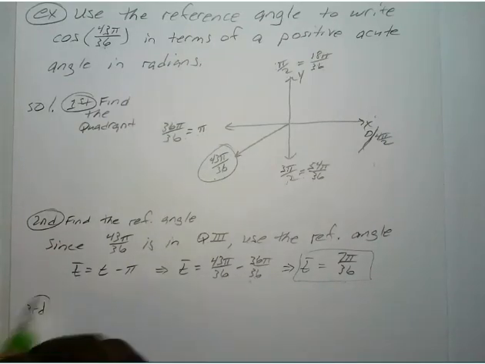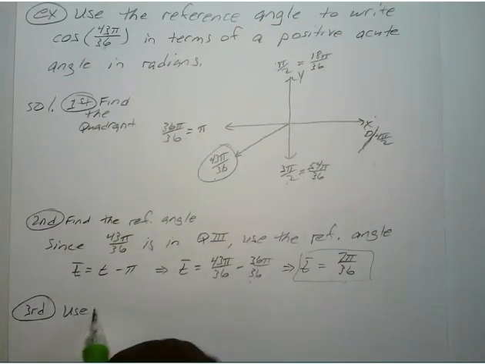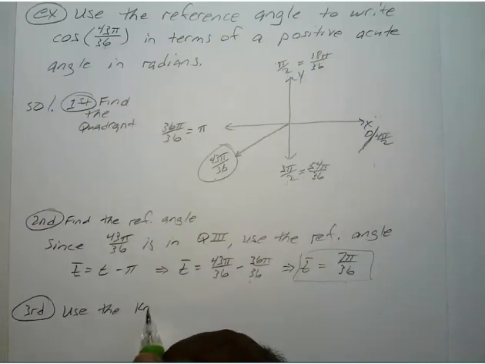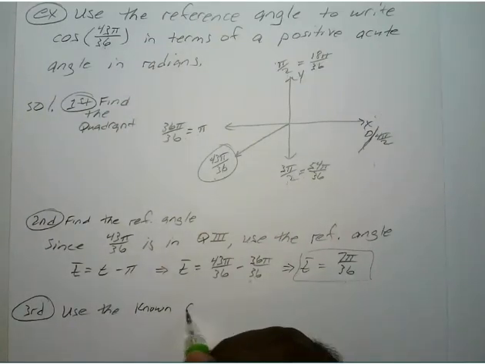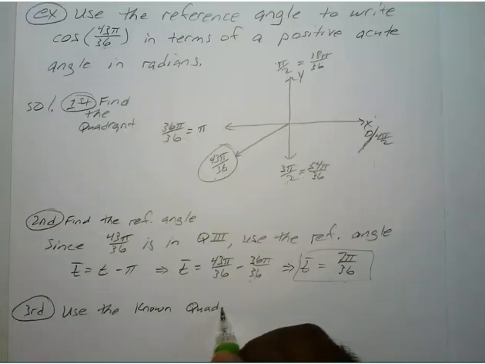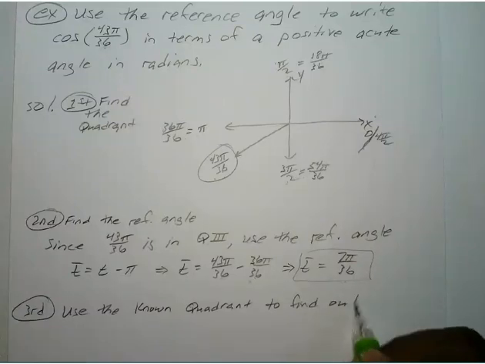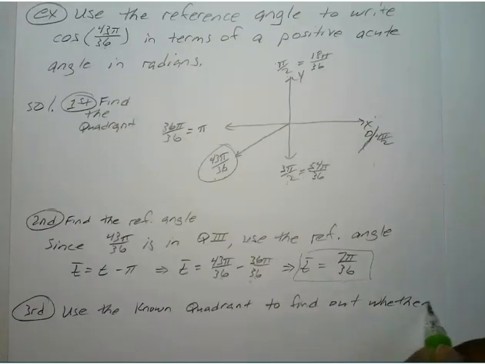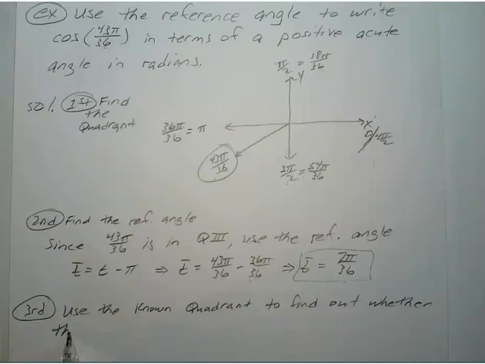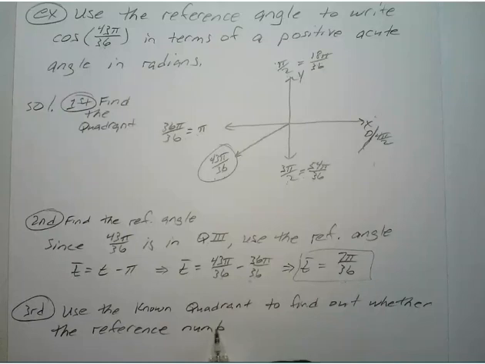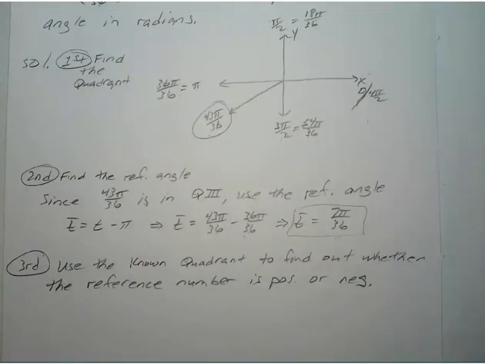So our third step, use the known quadrant to find out whether the reference number is positive or negative. Okay, so what does that tell us?